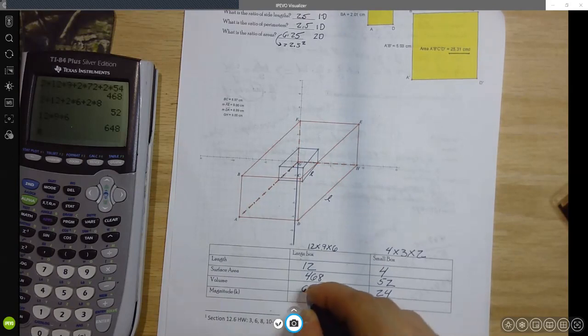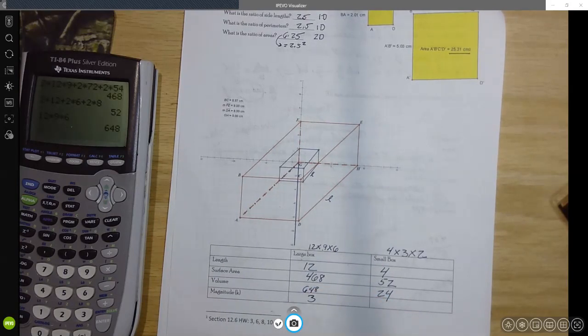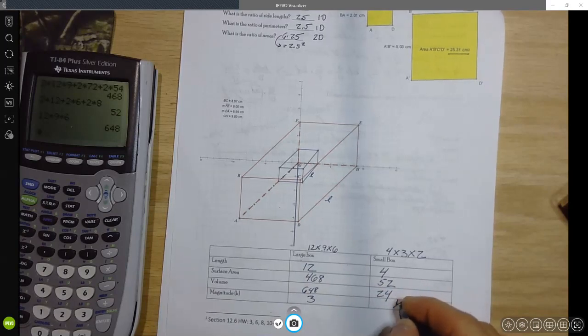So that's your K value. If you're going from large box to small box, you'd say it's 3 times as big. If you're going from small to large, you would say 1/3. So the K value can be either one, depending on what the question asks for.